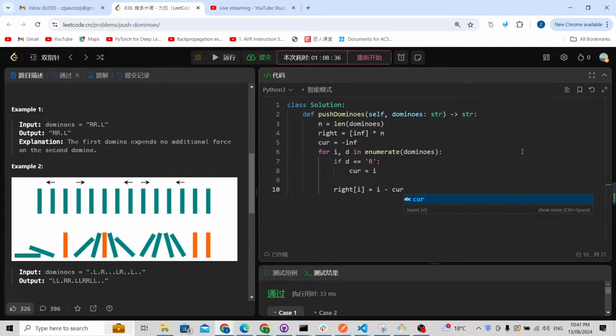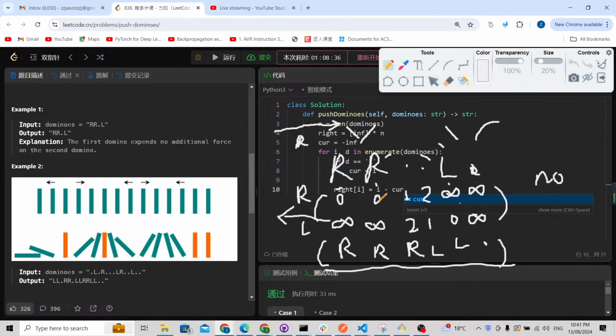We just need to check the distance, so it should be like this. If this is R and if this is a dot, we just need to check the distance. Of course, for this R the current equals 1, and this i equals 2, 2 minus 1 is 1, so the distance is going to be 1. This is why we use i minus the current.